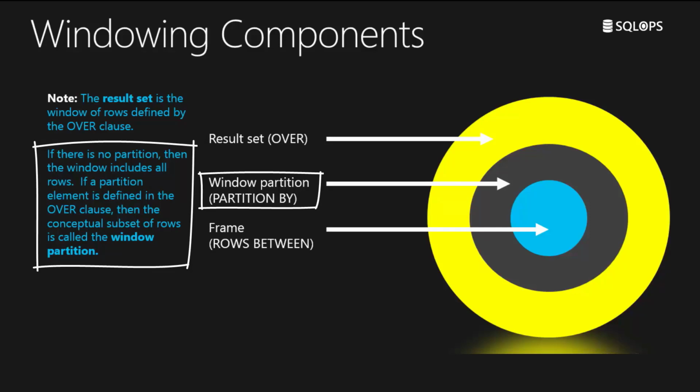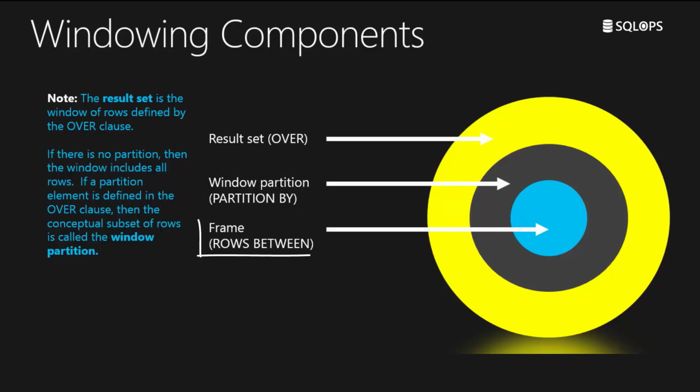For example, partition by customer ID restricts the window to rows with the same customer ID as the current row. Partition by builds on over clause and cannot be used without an over clause. An over clause without a window partition is considered as one partition.